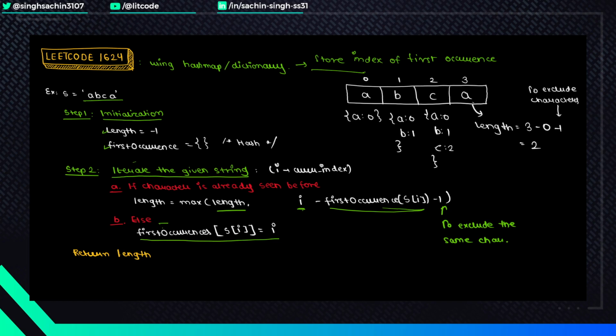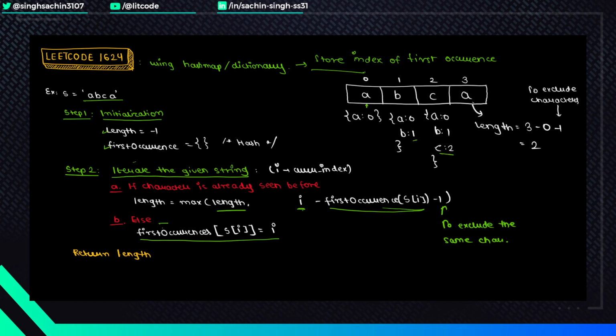Let's do a dry run. In this case, we have ABBCA. We started the iteration with this element. We saw A was not in the first occurrence hash, so we added that. We saw B was not there, we added that element. We saw C was not there, we added that element.